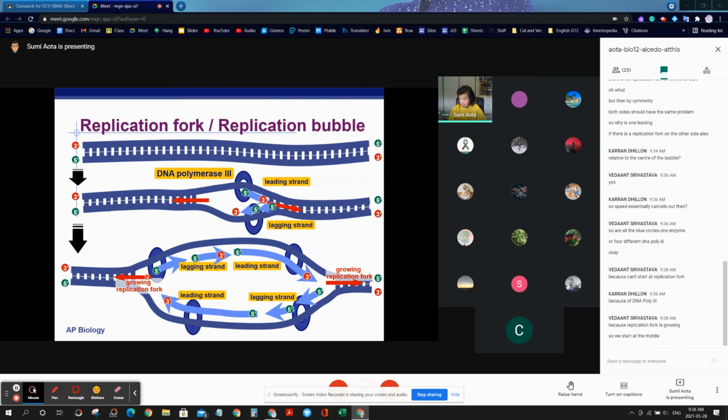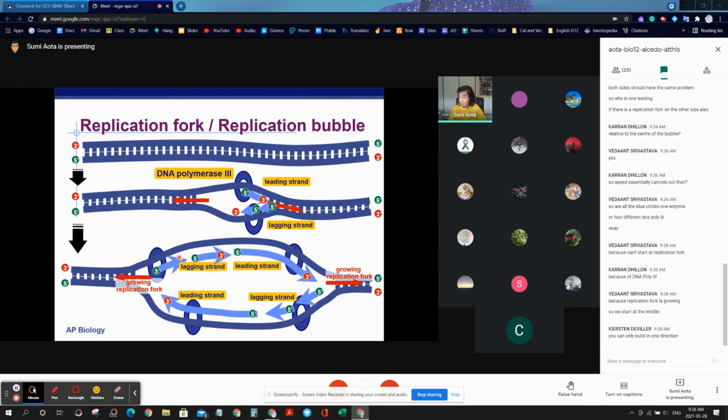So this DNA poly wants to go this way, but as this opens up, all of a sudden we've got a section that has nothing. When this part unwinds, this part with this strand up here will be exposed, but it's the wrong direction. So you have to add another DNA poly here and then start going this way to fill in the gap between here and here when it opens up.